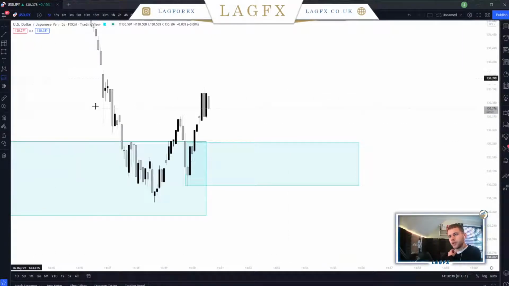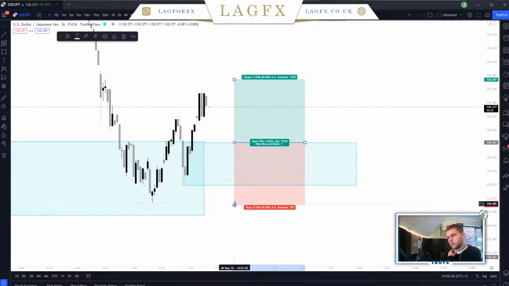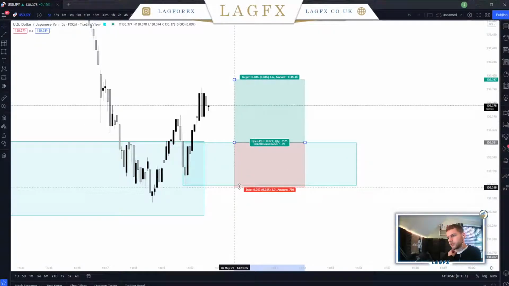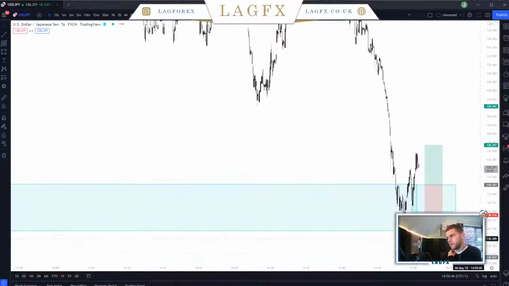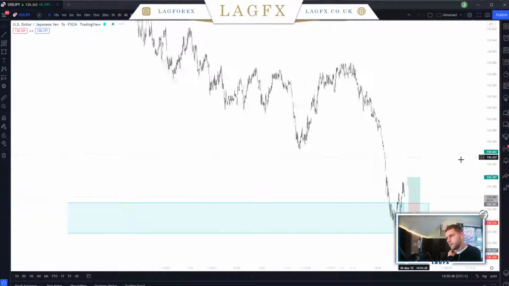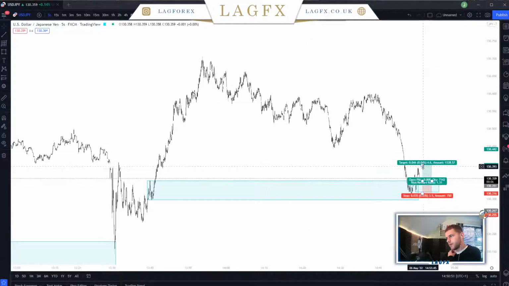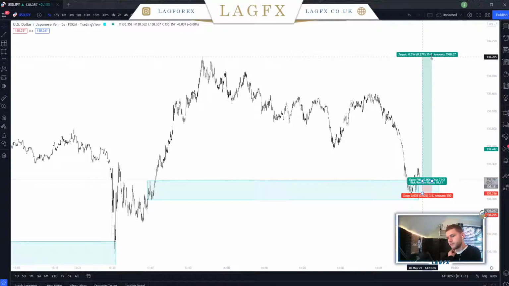If so, look to go long with a stop loss just below, and a take profit all the way up at the previous high in the market, which would represent this.